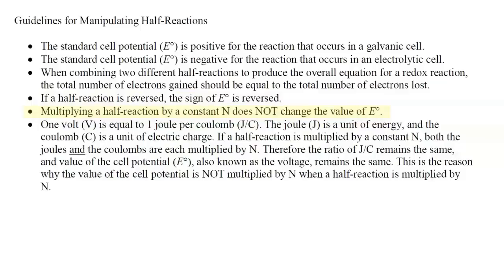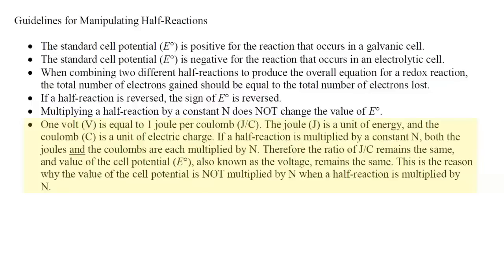And again, the reason for that is because of units. By definition, 1 volt is equal to 1 joule per coulomb. The joule is a unit of energy, and the coulomb is a unit of electric charge. So if a half reaction is multiplied by a constant n, both the joules and the coulombs are each multiplied by n. Therefore, the ratio of joules per coulomb, or volts, remains the same.